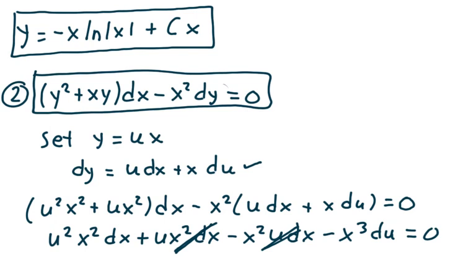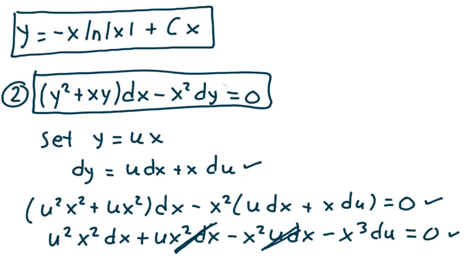Making our substitution, we get the quantity u squared x squared plus ux squared dx minus x squared times the quantity u dx plus x du is equal to 0. Expanding, we get u squared x squared dx plus ux squared dx minus x squared u dx minus x cubed du is equal to 0, right here.